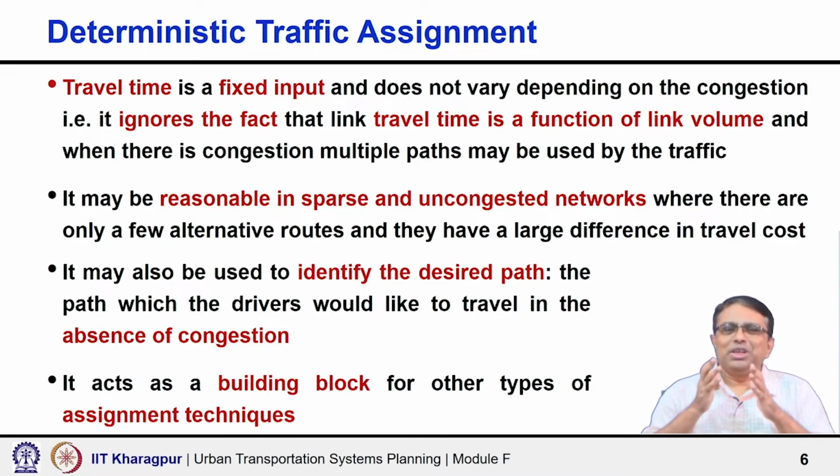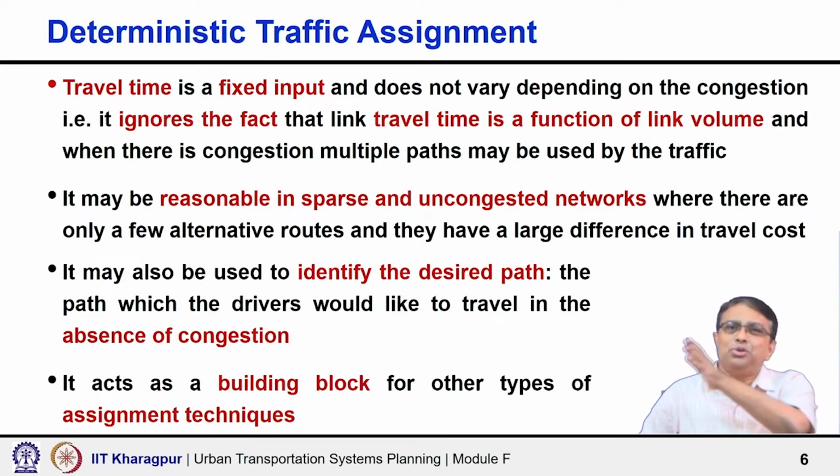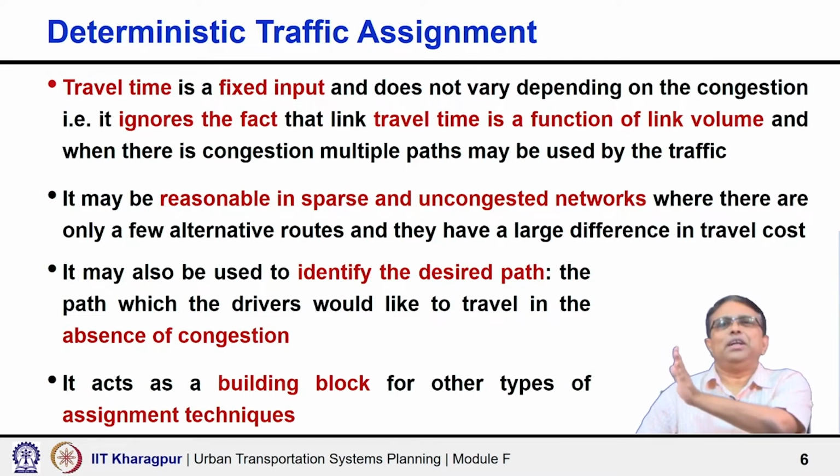So, that is the extreme end, the most ideal solution. But in reality, not everybody will be able to do that, and the solution will deviate from that ideal solution.